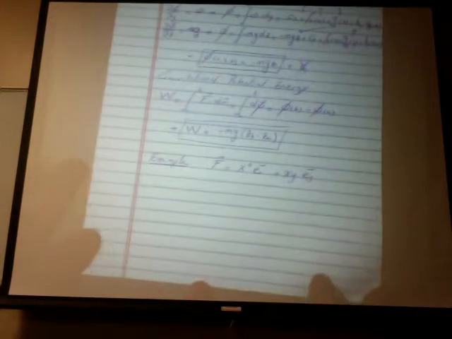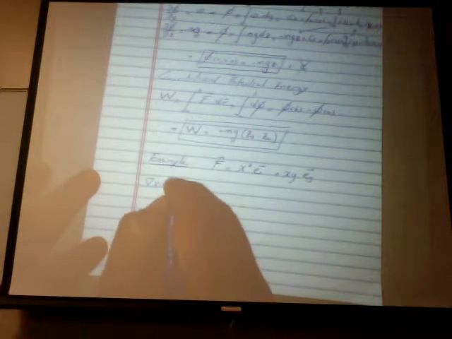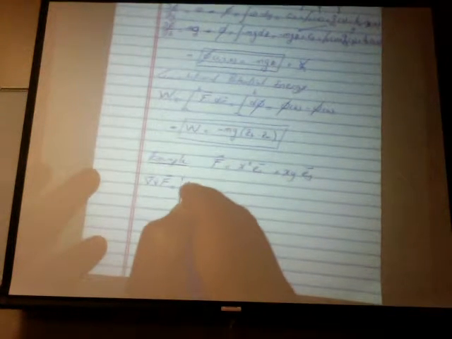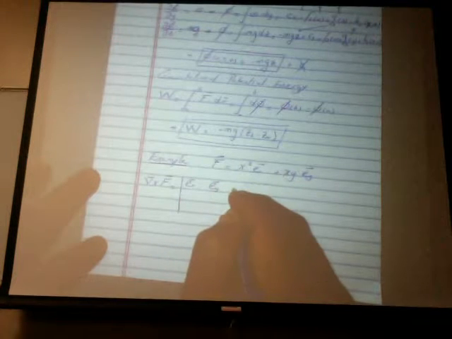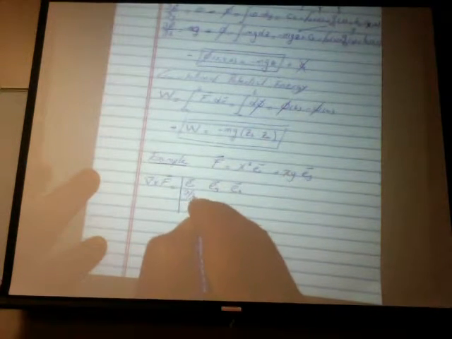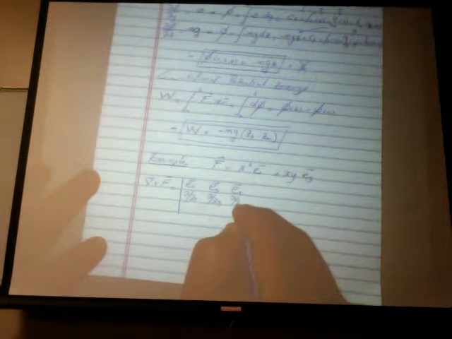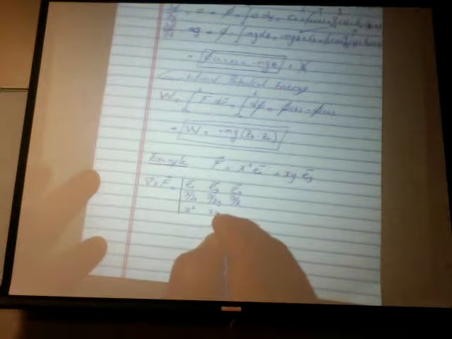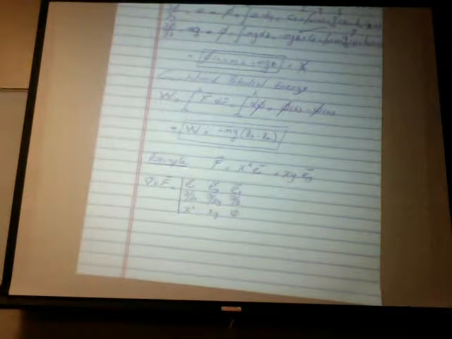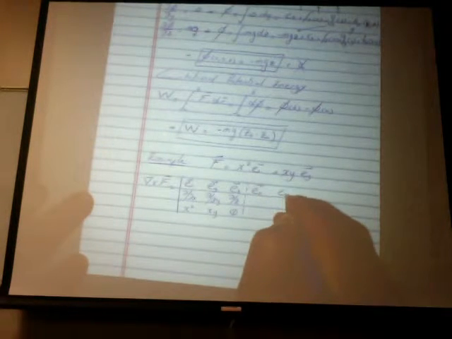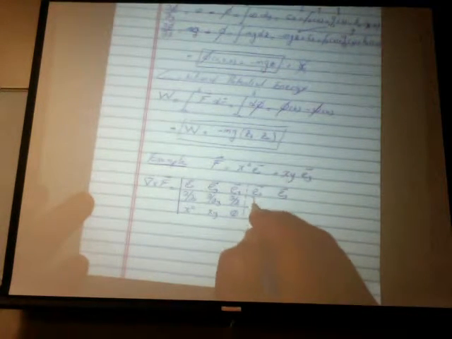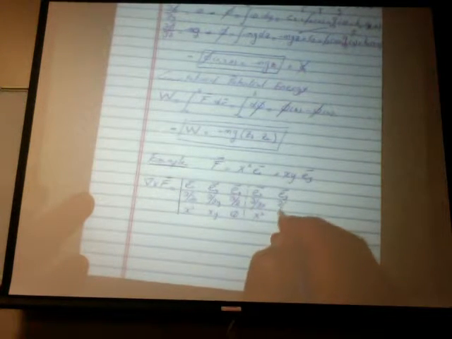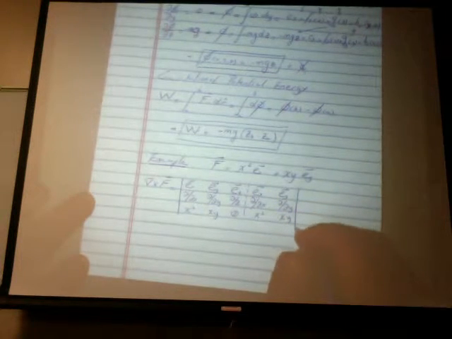Now, if we take the curl of F, which is again Ex, Ey, Ez, d/dx, d/dy, d/dz, x squared, xy, and 0. Right?